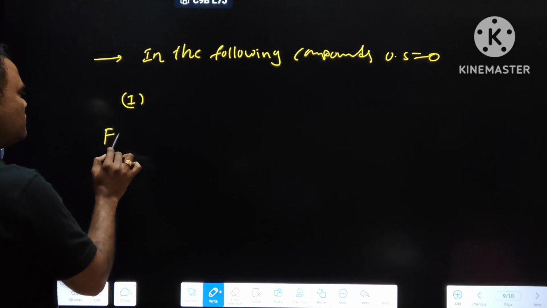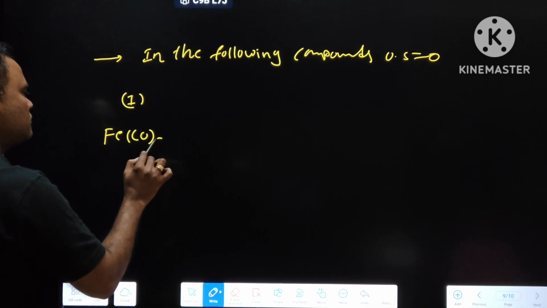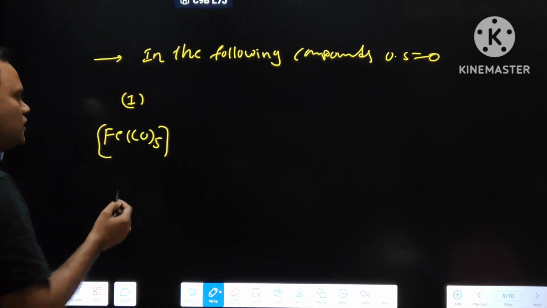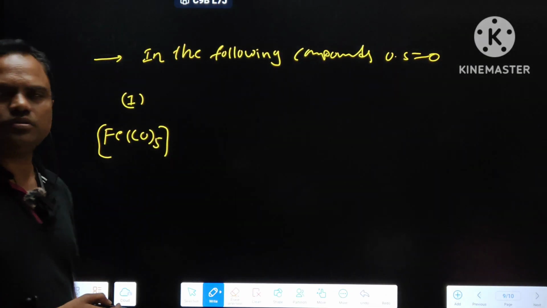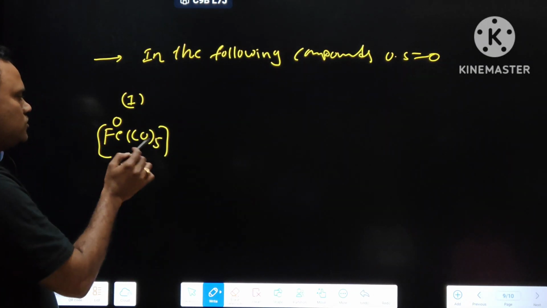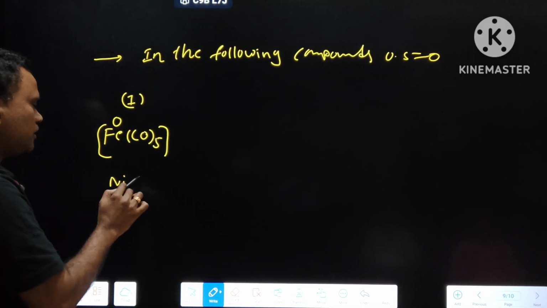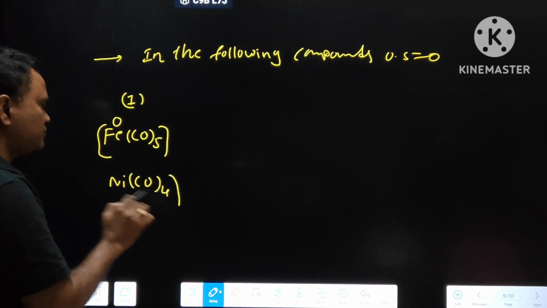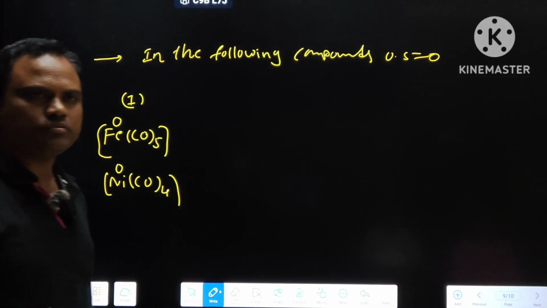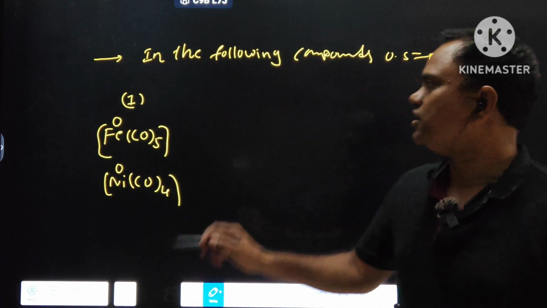First, metal carbonyls. In complex compounds, iron oxidation state is 0. Metal carbonyls, nickel oxidation state is 0.